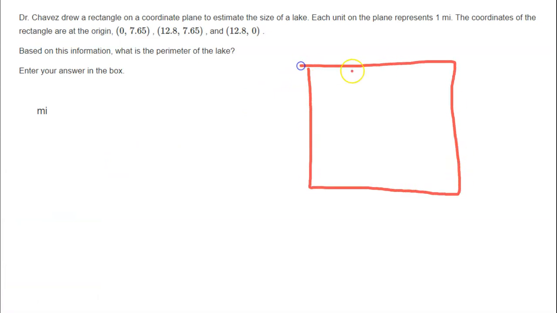So here's a coordinate plane. Here's the origin right here. Notice that I have this at the origin and this at the origin. That means that one of my sides is going to be right here, and the other one is going to be right here. So now I've got this measurement. That means that this is here.